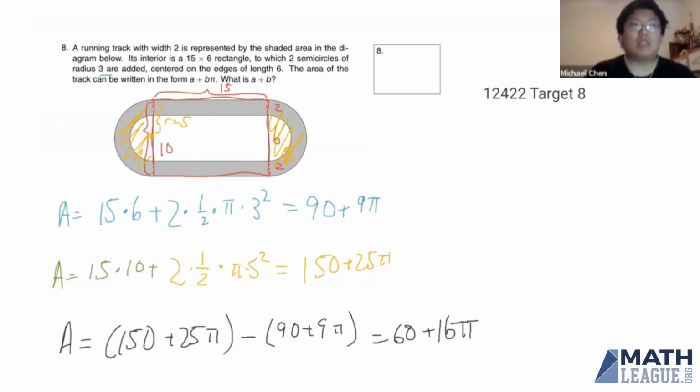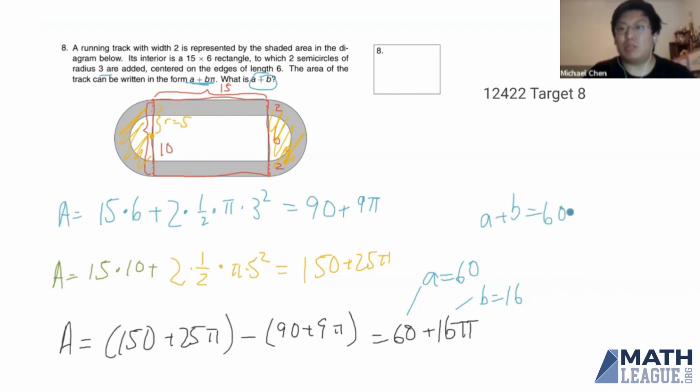The question is asking us to figure out what a and b are in the form a plus b pi and add them together. Looking at that, we can tell that a is equal to 60 and b is equal to 16. So a plus b is going to be equal to 60 plus 16, which is equal to 76, which is our answer for this question.